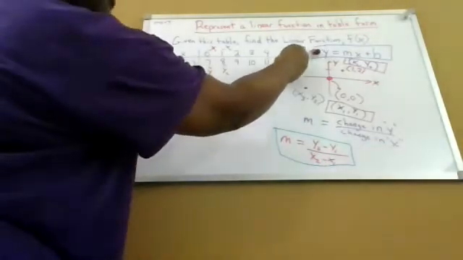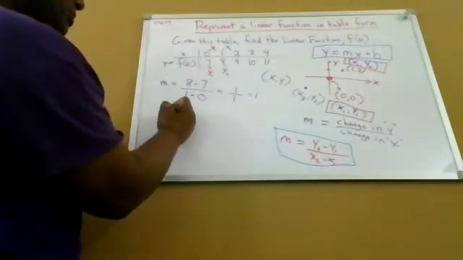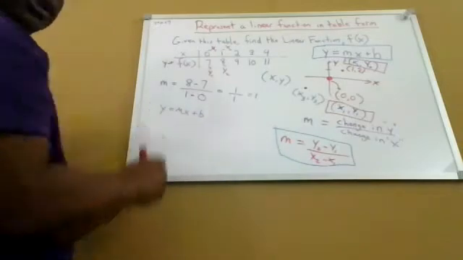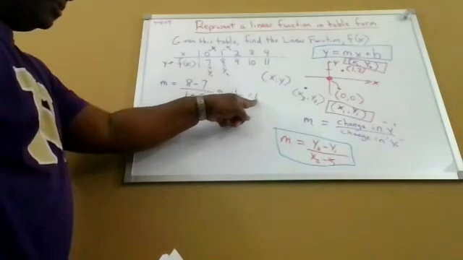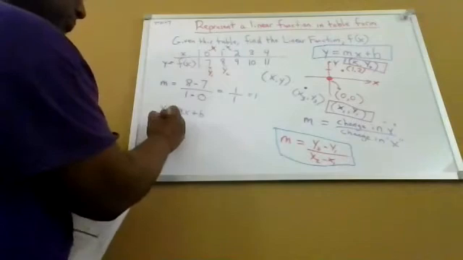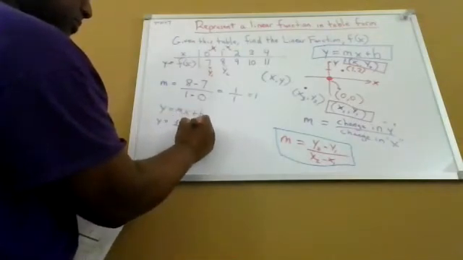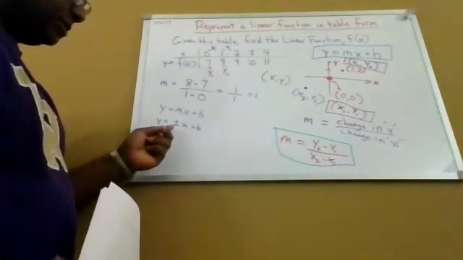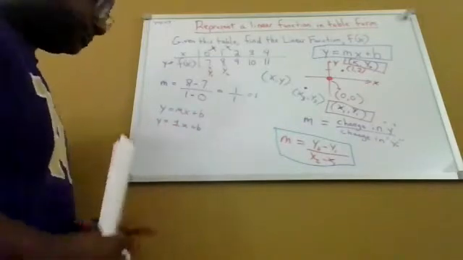And so now for y equals mx plus b, now that I know what m equals, which is 1, I can substitute 1 in for m. But we usually just write not 1 times x, because 1 times x is just x.